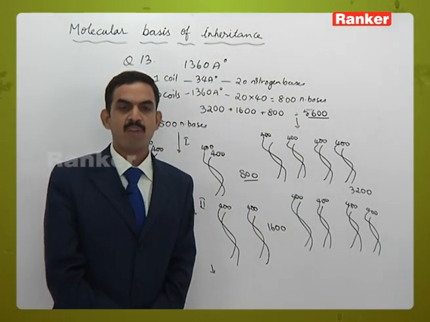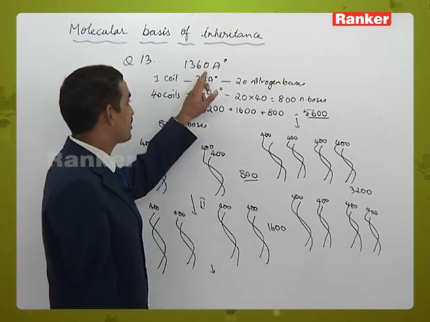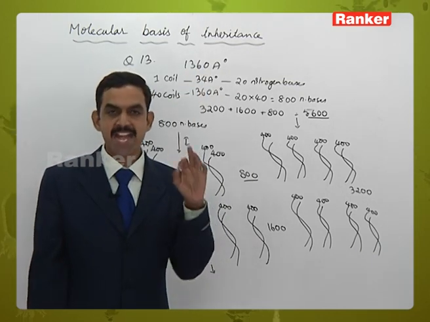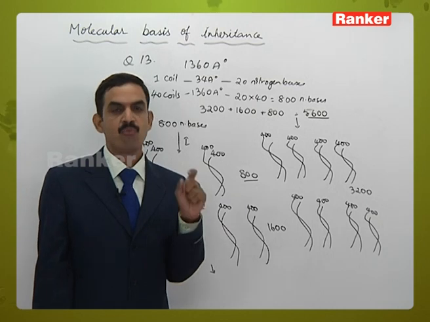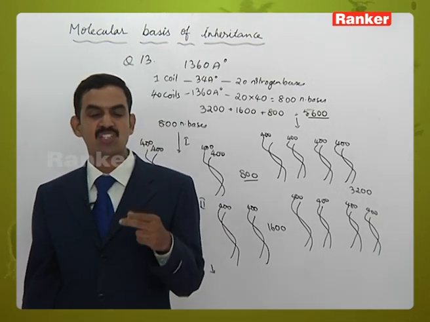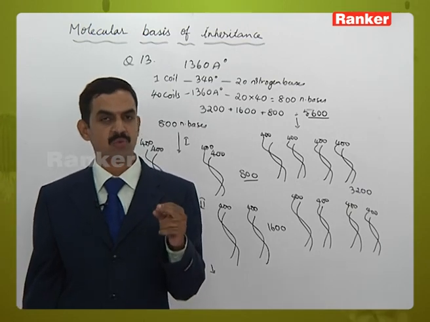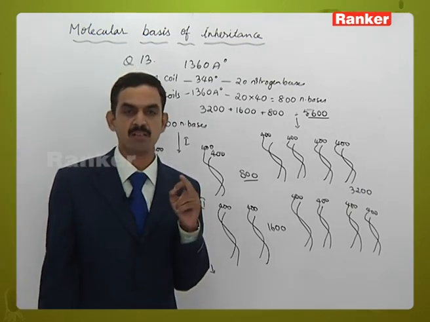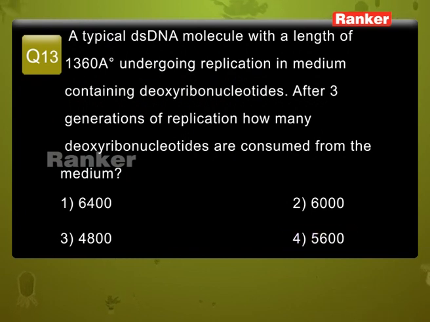That means when a DNA with 1360 angstroms is made to replicate in a medium for 3 generations where deoxyribonucleotides are there, they consume a total of 5600 ribonucleotides from the medium. So question number 13, the correct answer is 5600, that is option number 4.